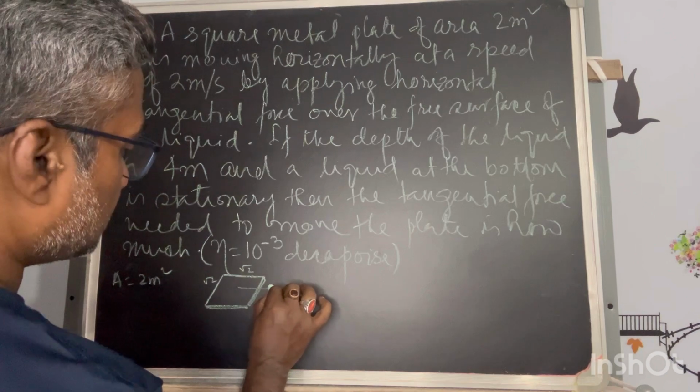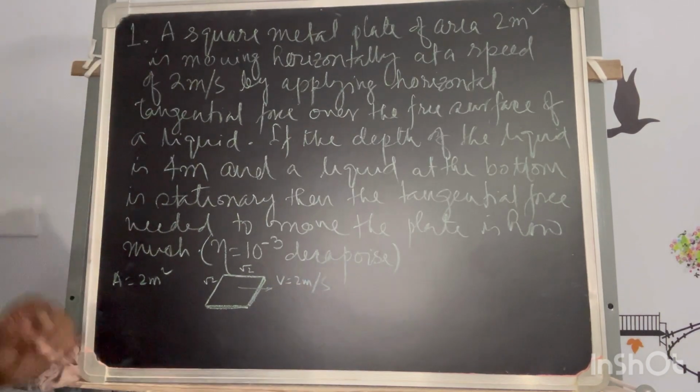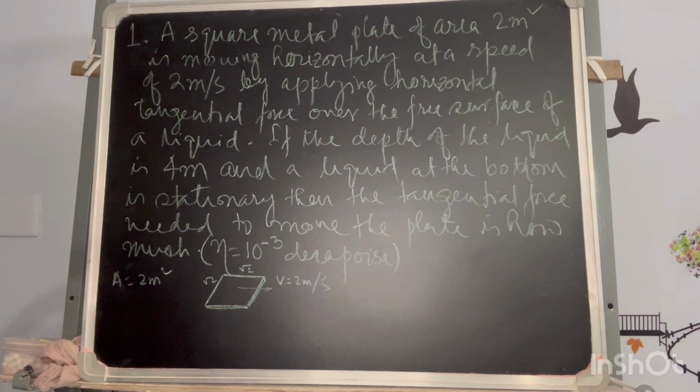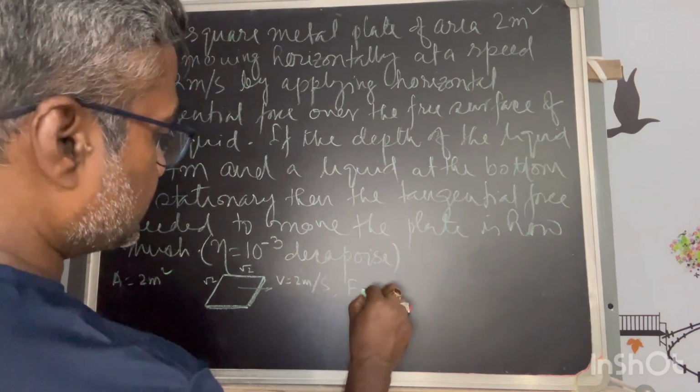So the plate has a speed of 2 meters per second, by applying a horizontal tangential force, so there is a force which is acting this way tangentially.